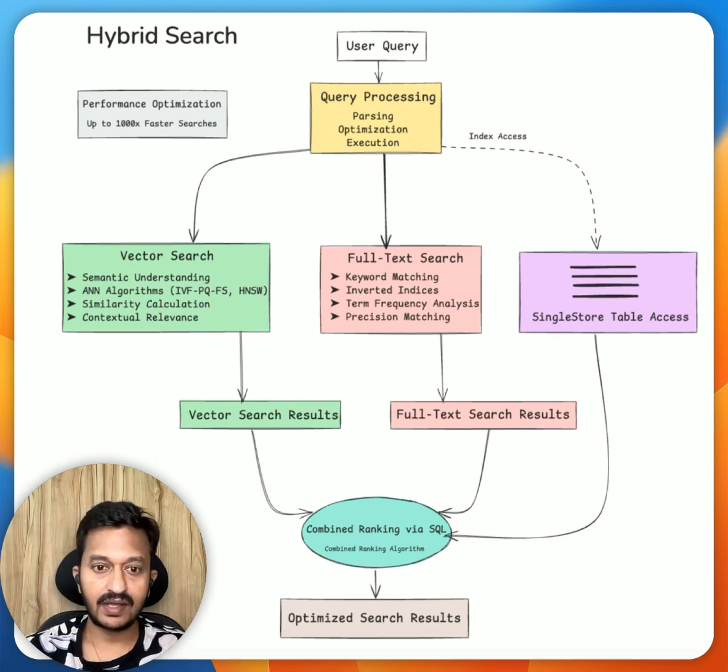So having both vector search and full text search is now considered a very good practice, where you get the vector search results and full text search results, and then you do a combined ranking to find the best results.